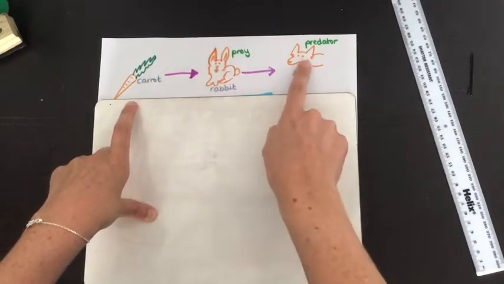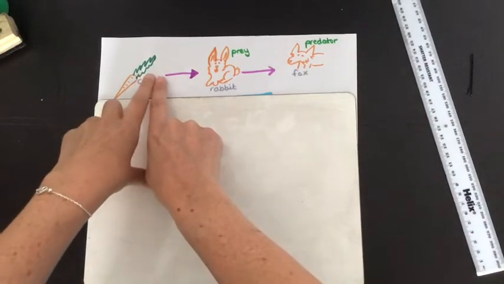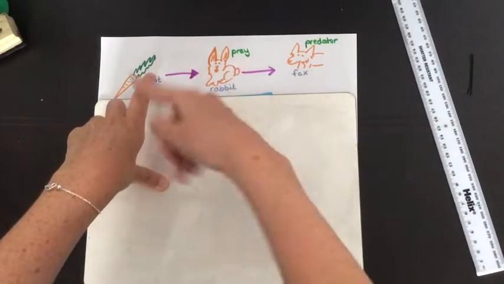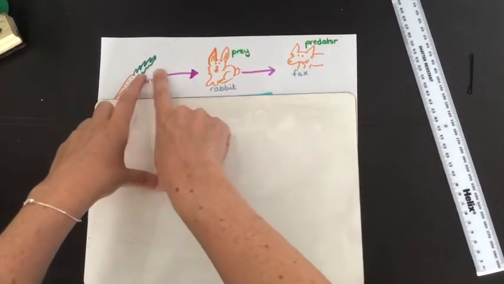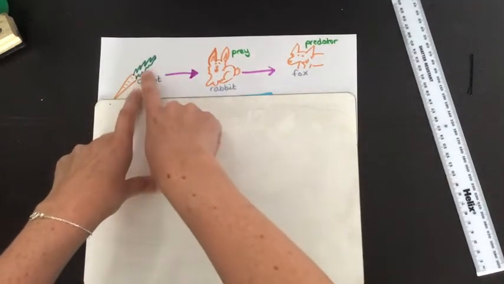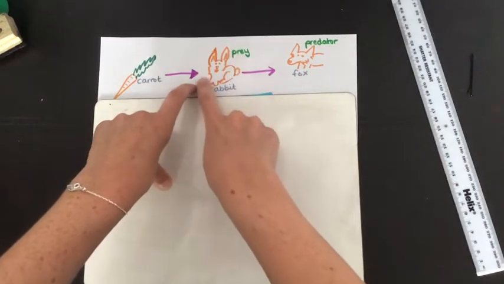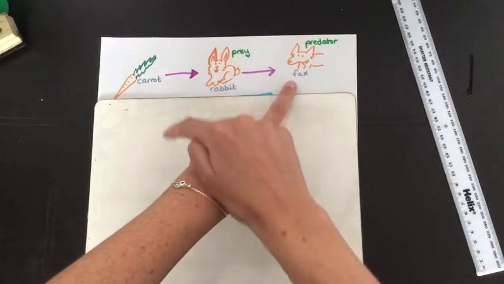And I've got here my two consumers. Now, as you can see, the arrows are pointing towards the thing that's doing the eating. It shows the energy is being passed from this food to this creature. So the carrot's energy is being passed on to the rabbit when he eats it. And the energy from the rabbit is being passed on to the fox when he eats the rabbit.